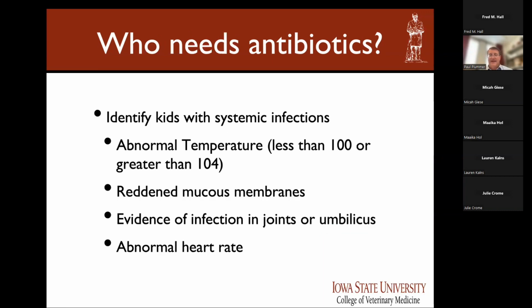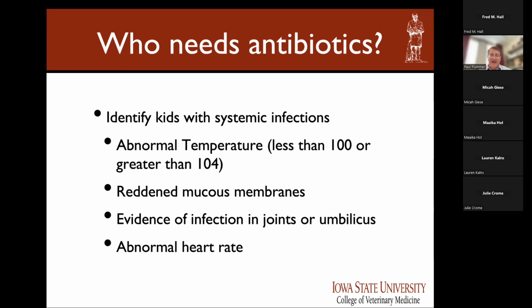Who does need antibiotics? It's the kids that have evidence of systemic infections, and only those kids. So what do we look for in those? It's if they have an abnormal temperature, abnormal being either very low, like I said, below 100, or above 104. Do they have red mucous membranes, the sclera around their eye? Does that look like what we call injected?